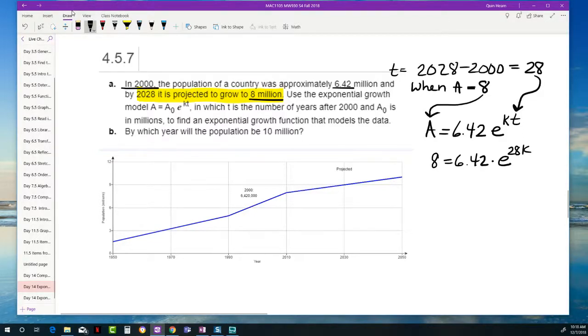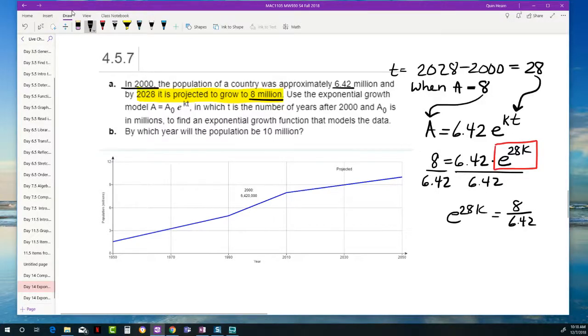All right, now how do we solve an exponential equation? We first isolate the exponential expression by dividing by the coefficient. So we're going to divide both sides by 6.42. And then we're going to get e to the 28k equals 8 over 6.42.